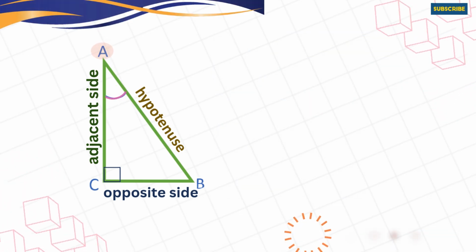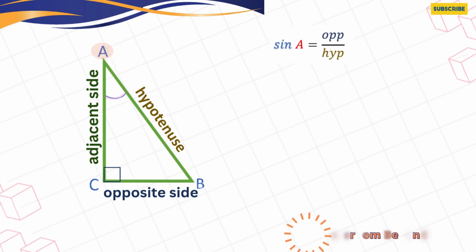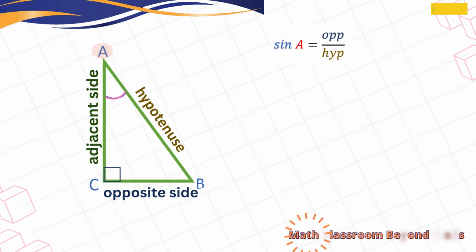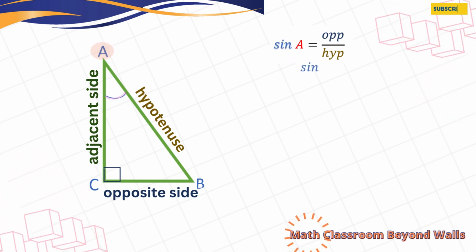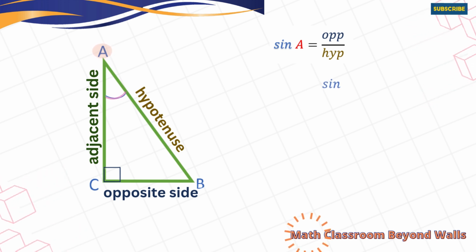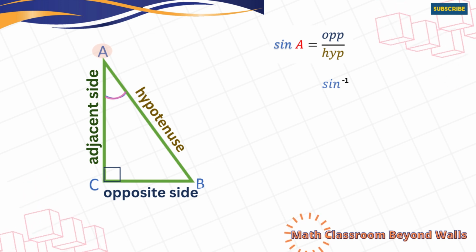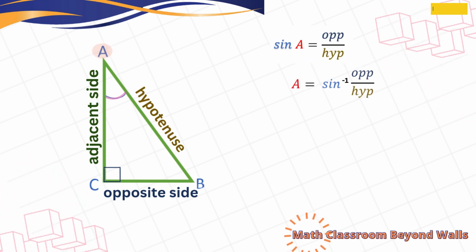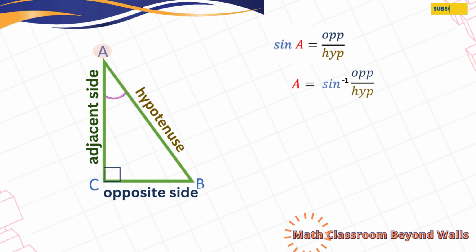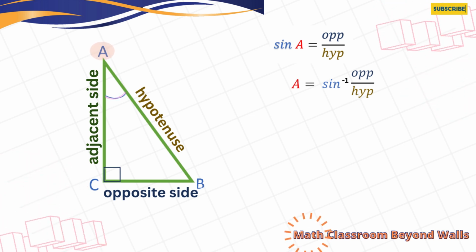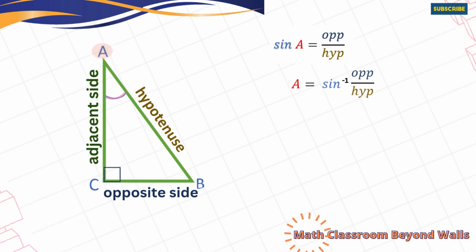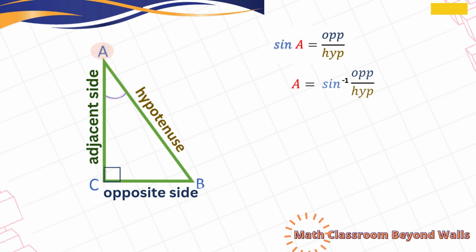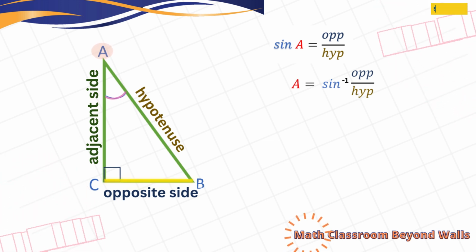Okay, with the sine ratio, which is sine A equals opposite side over the hypotenuse, we will set up its inverse by moving sine to the right side of the equation, giving it a negative exponent, and landing it before the ratio like this. We now have angle A equals sine to the negative 1 times opposite side over the hypotenuse.